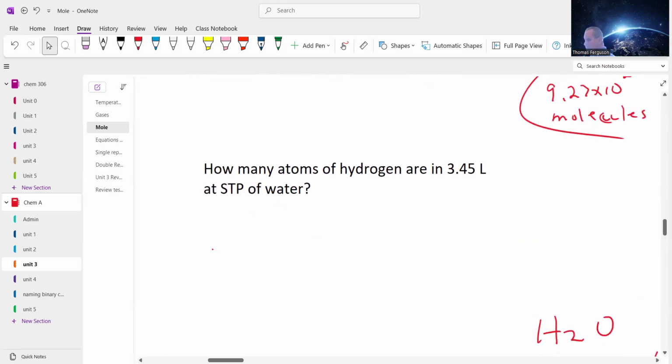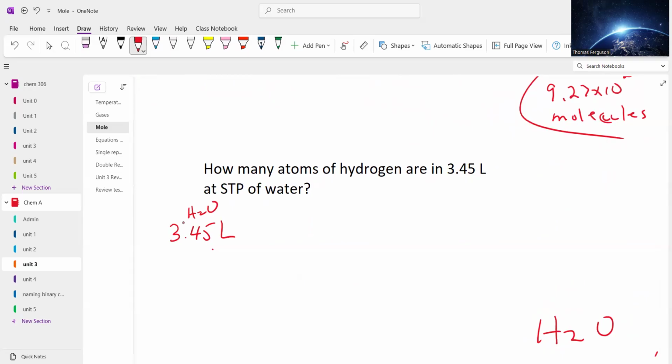Okay, now this is an interesting problem, seemingly very simple. Given is 345 liters of water at STP. How many atoms? And what's the difference between an atom and a molecule? Exactly. Molecules are made up of atoms. Perfect.